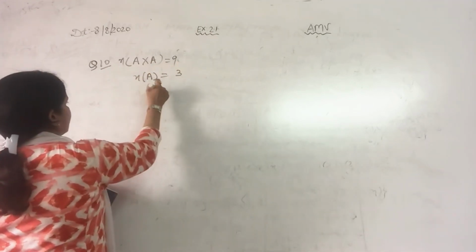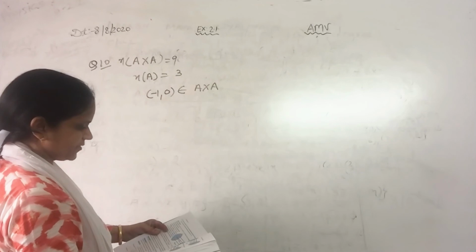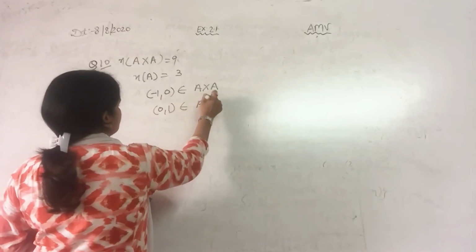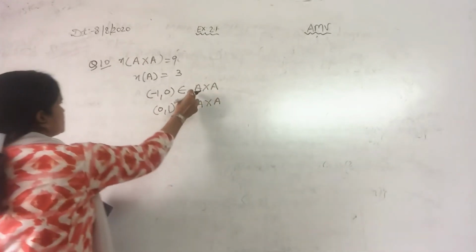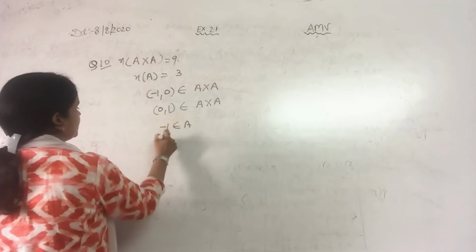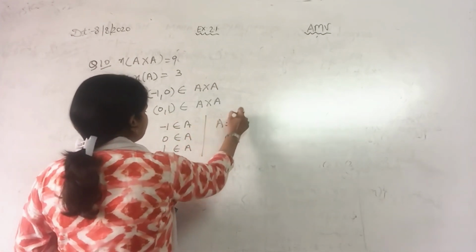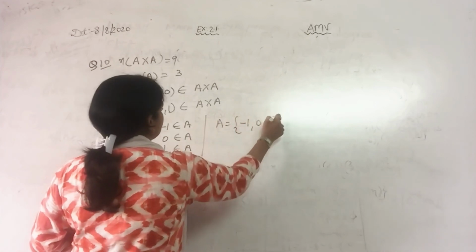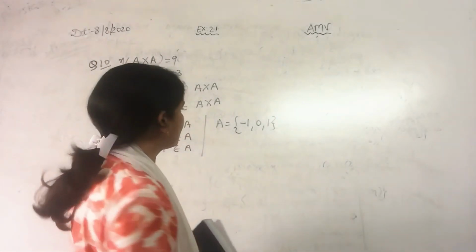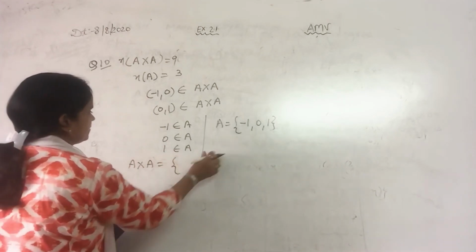Here, (-1, 0) belongs to Cartesian product of AA, and (0, 1) also belongs to Cartesian product AA. So, students, it means element -1 belongs to A, 0 also belongs to A, and 1 also belongs to A. So set A is {-1, 0, 1}. Okay, and the number of elements in set A is 3. And now find the remaining elements of Cartesian product AA.